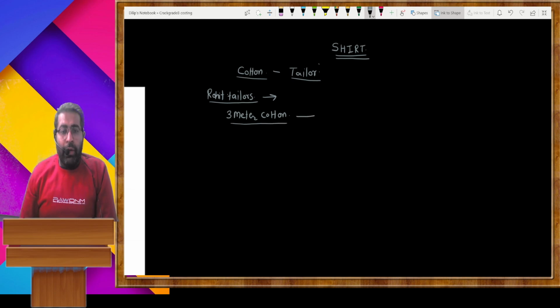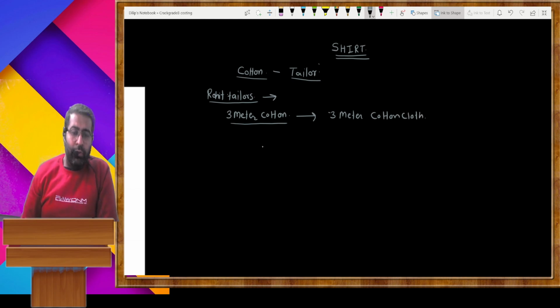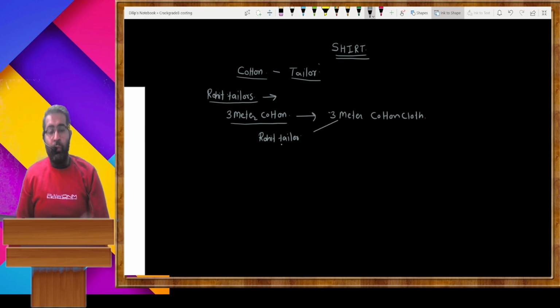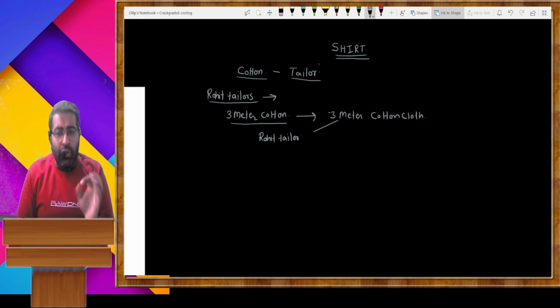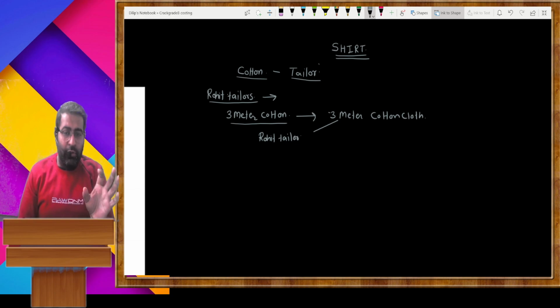You go to the market and from a cloth store you bring 3 meters of cotton cloth, and go back to Rohit Tailors and give it to him. Now tell me a thing: by the help of a cotton cloth alone, can a shirt be stitched?